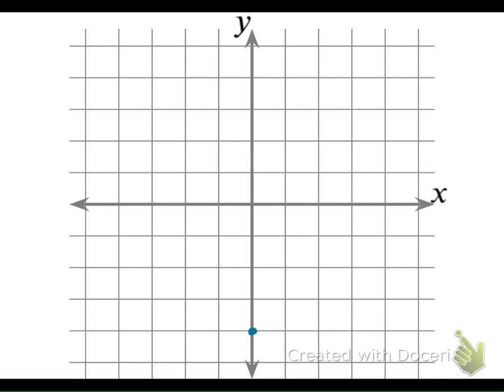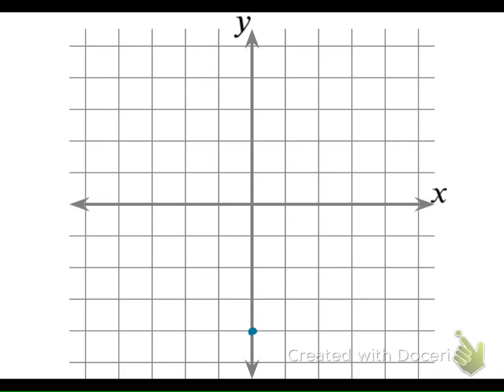Okay? And Tamara, can you tell me where 5, 0 goes? You go up 5, right 5. Remember, is it one that has zero in front? You know x comes before y in the alphabet, right? So this is the x-axis right here.